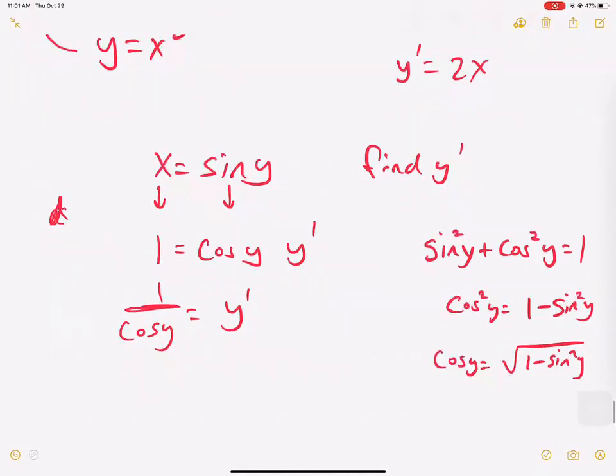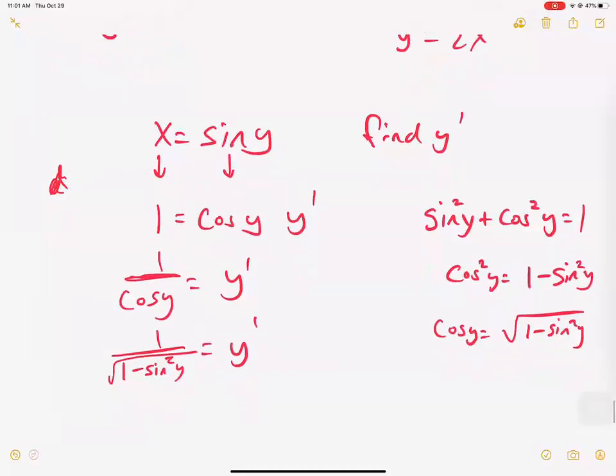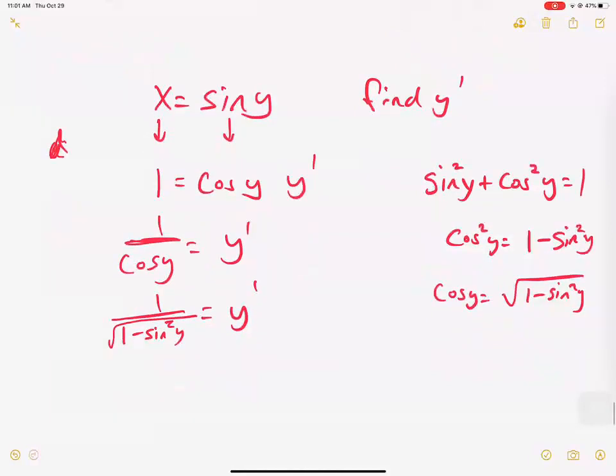Okay. And I'm going to rewrite this as y prime is equal to 1 over the square root of 1 minus sine squared of y. That looks ugly. Everyone's still hanging in there? Now, what did we say sine of y was equal to? Equal to x.